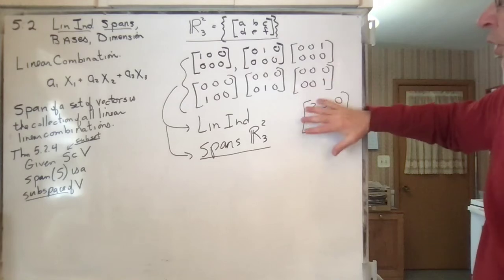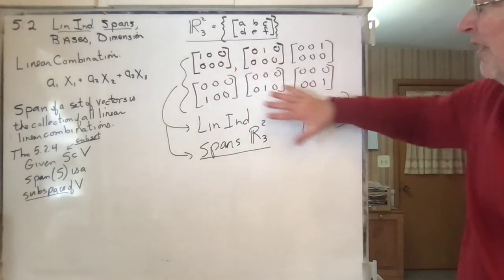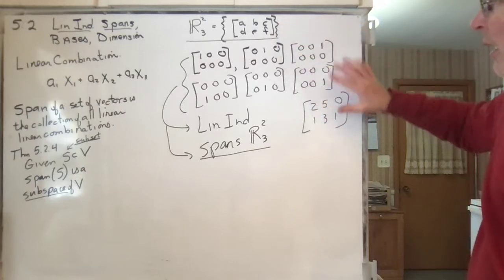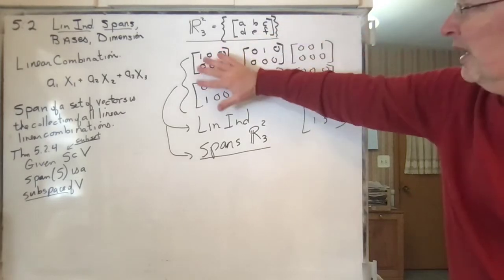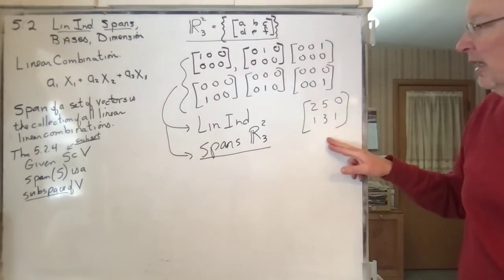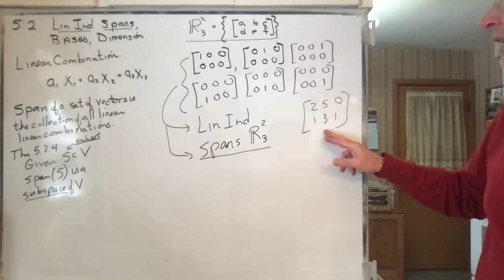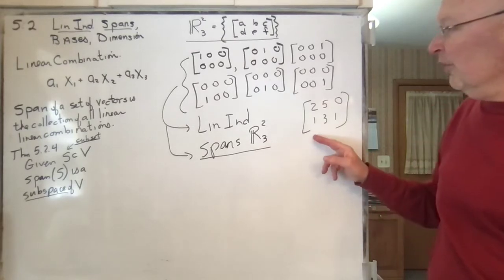So I could throw it in there, and the span is still going to be the same. I'm not going to get anything more by adding this one than I did just by getting these. By getting these, I'm getting the whole space. This doesn't hurt anything. It doesn't increase the span at all. It certainly doesn't decrease the span. It's just extraneous.